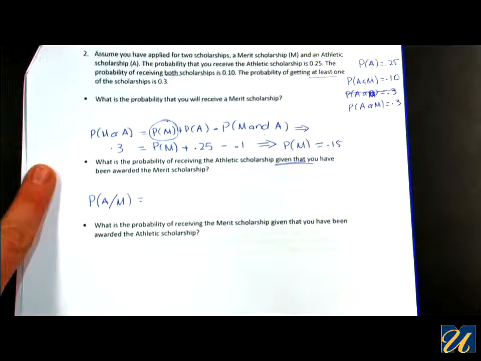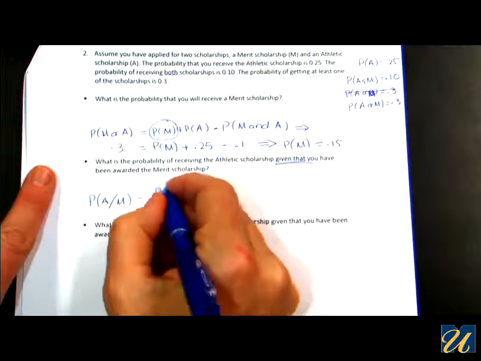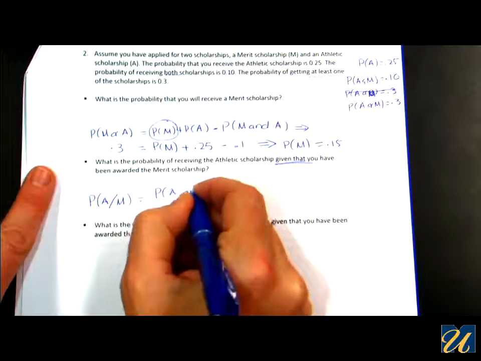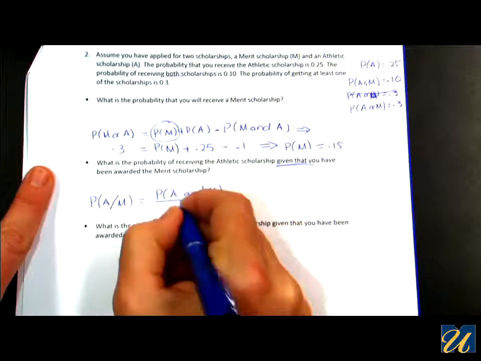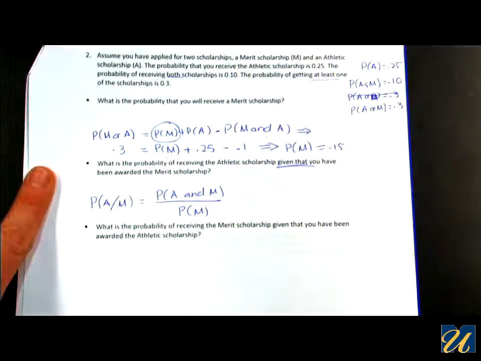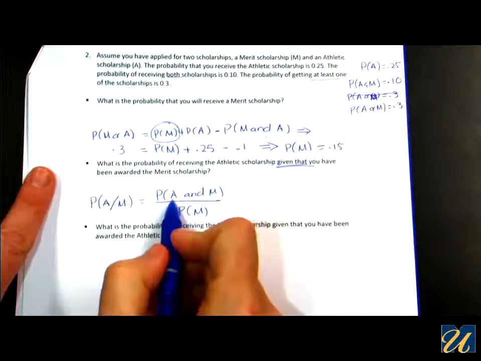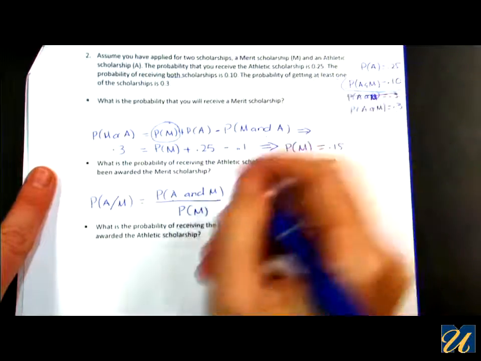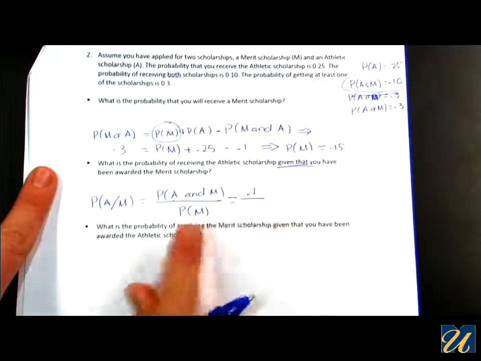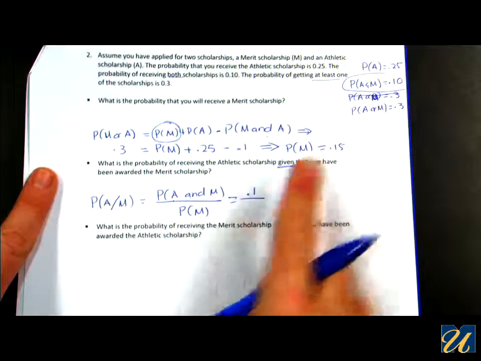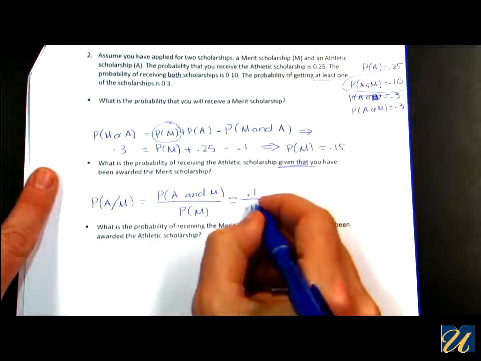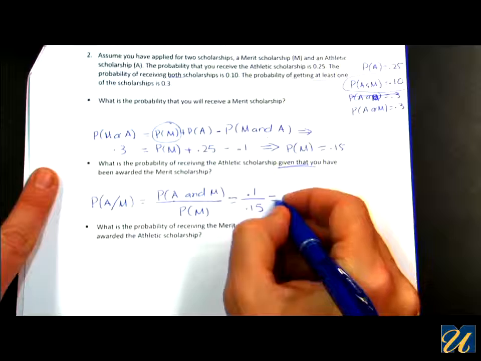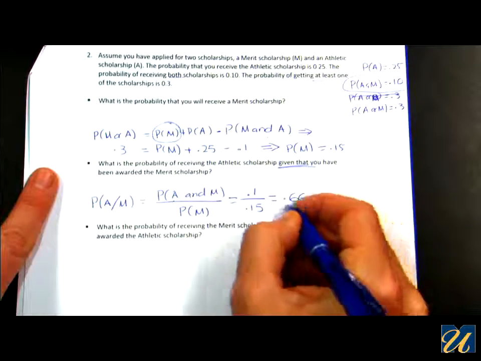What is the formula for this probability? Probability of A and M over probability of M. Do I have the probability of A and M? Yes, I do. It is 0.1. Probability of getting a merit scholarship, I just calculated. So this will be 0.667.